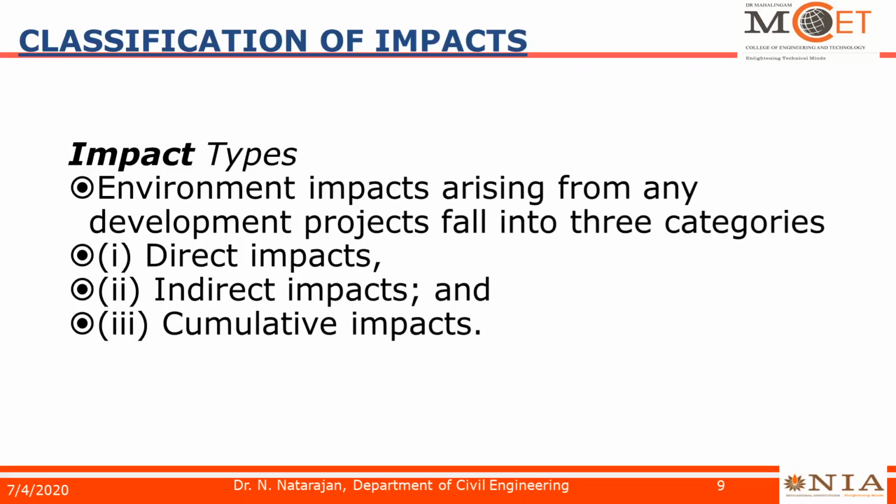The cumulative impact is an impact that goes on building up. An example of this, which I already discussed in the earlier sessions, is the Bhopal gas tragedy, where people inhaled methyl isocyanate.